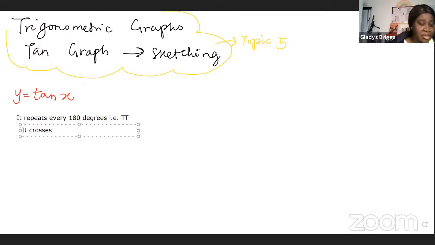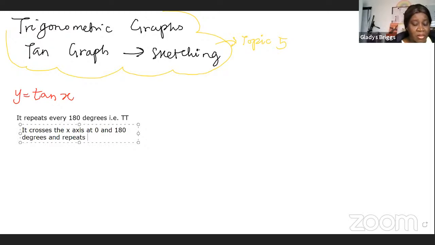It crosses the x-axis at 0, 180 degrees, and then it repeats itself, 0 and then 180 degrees, and then it keeps on repeating itself after every 180 degrees, onwards 180 each time.